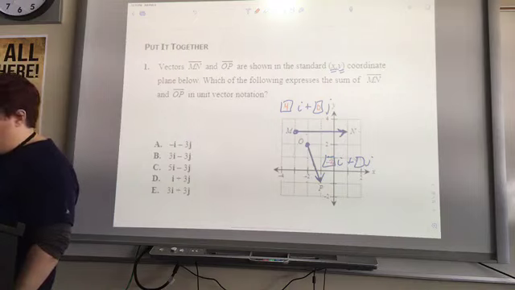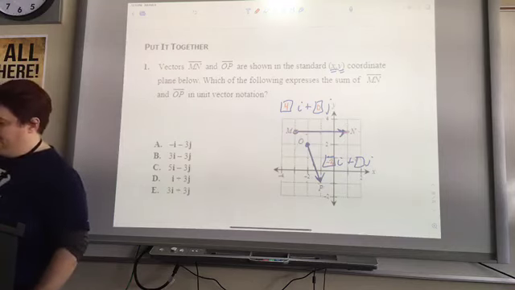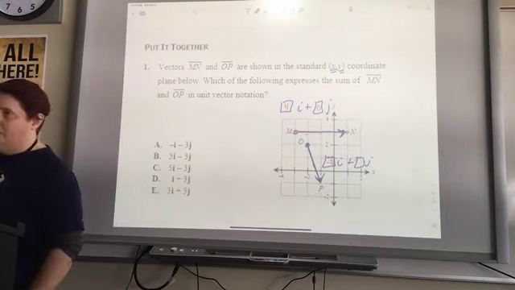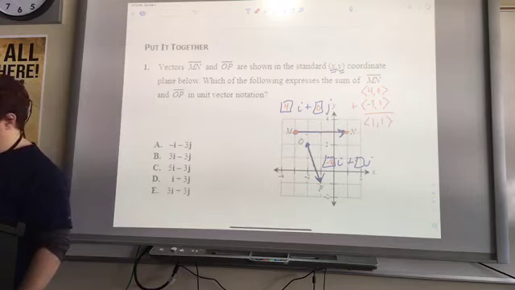Yeah, from here to here. And this one goes down 3 over 1. So what's the vector 4, 0 plus the vector negative 3, 1? Vector 1, 1. Wait, what did I do wrong?